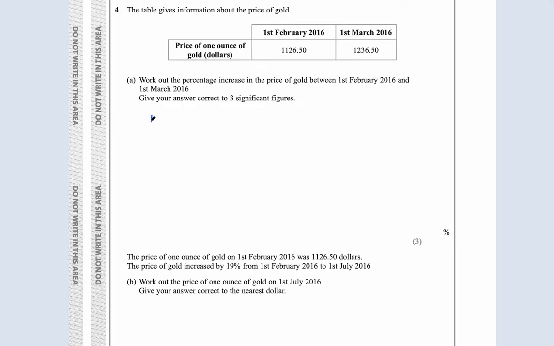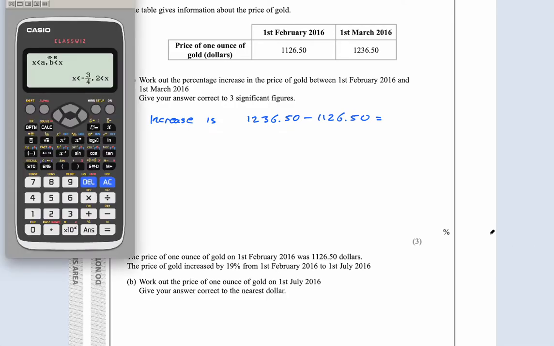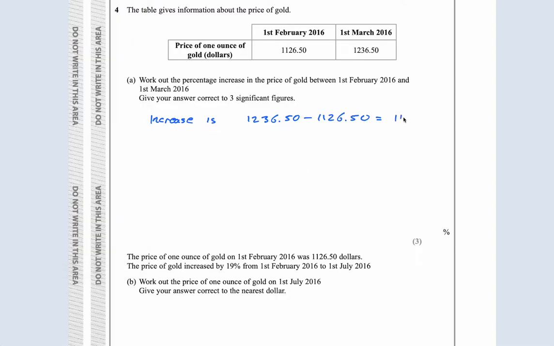Okay, the increase is 1236.50 minus 1126.50, which equals, calculator please, 110. So the increase is 110.